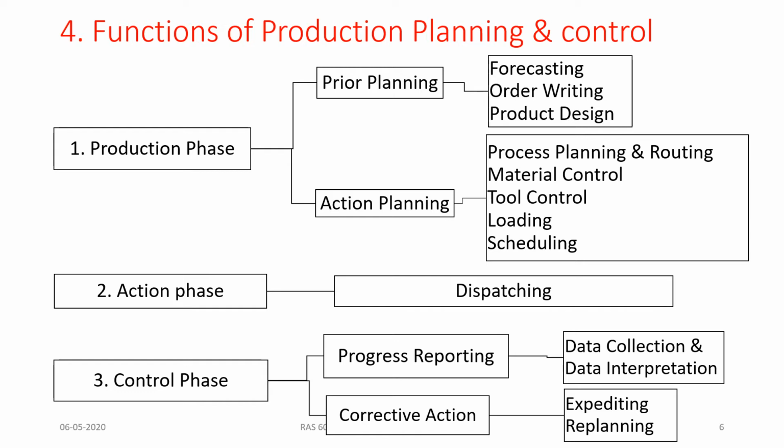After the prior planning takes place, action planning or operational planning is to be carried out by ensuring proper process planning, proper routing, that is, preparing a proper route chart, by using proper material controlling techniques, by planning regarding tool control, by assigning the job to each and every worker who is working on the plant, assigning the work to the resources, and scheduling the activities, the time at which each type of activity will be performed.